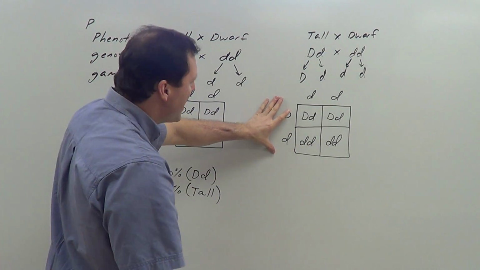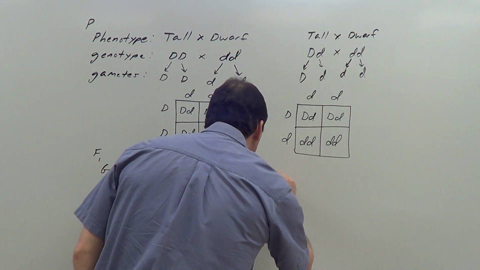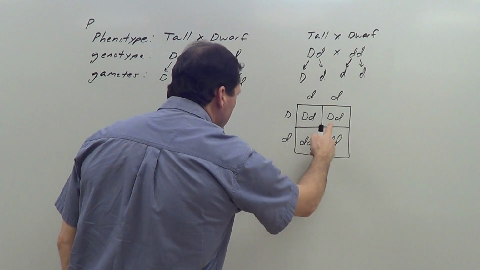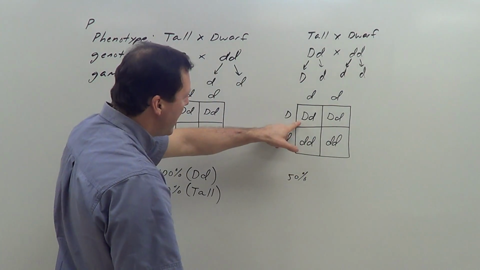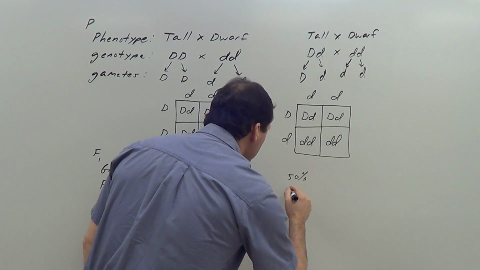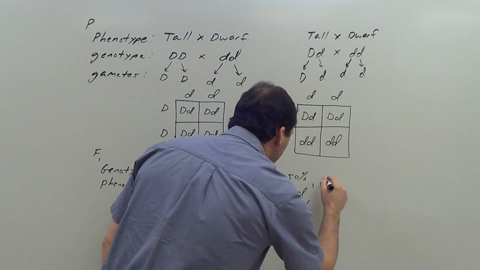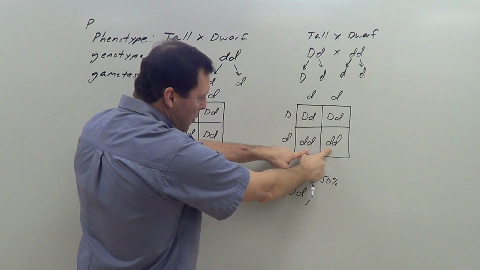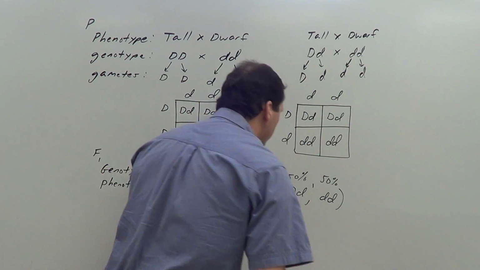Let's summarize this Punnett square. We'll start with genotypes again. My genotypes are going to be 50% heterozygous, or 2 out of 4 are going to be heterozygous, capital D, lowercase d. And then 50%, or 2 out of 4, are going to be homozygous recessive.